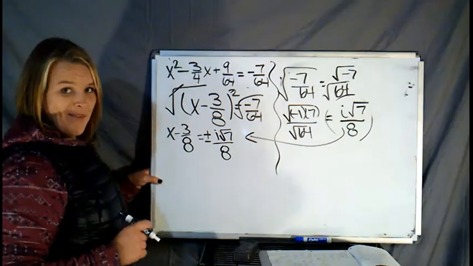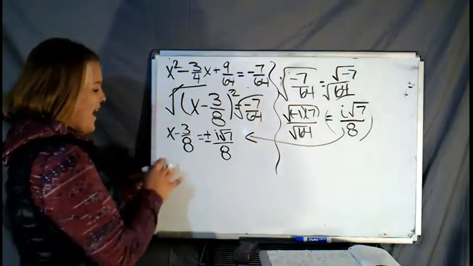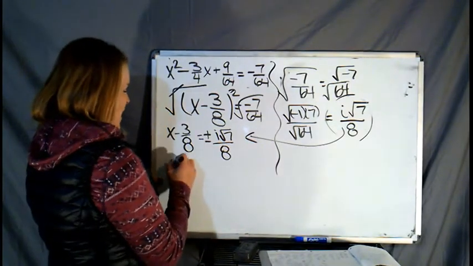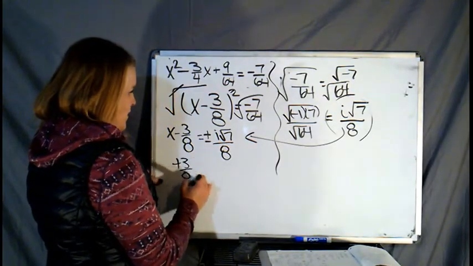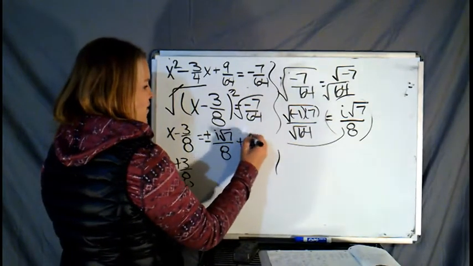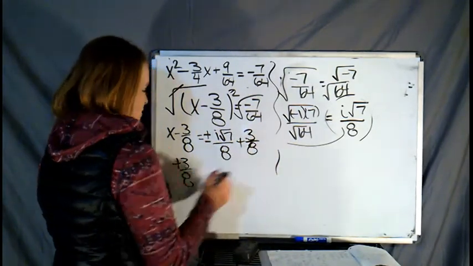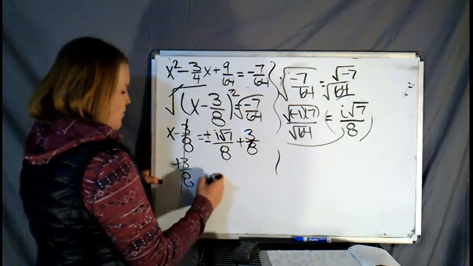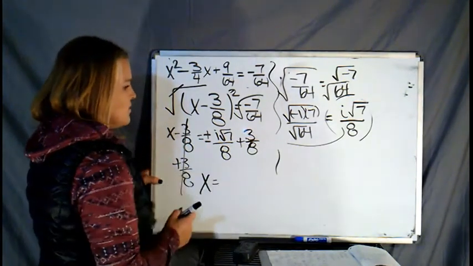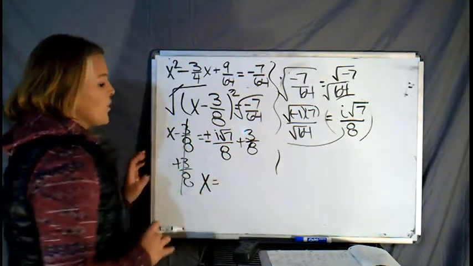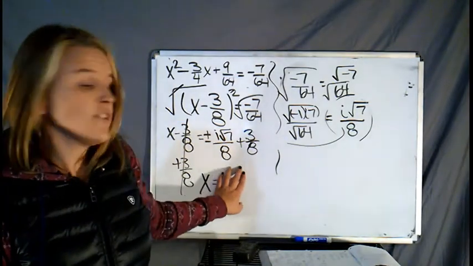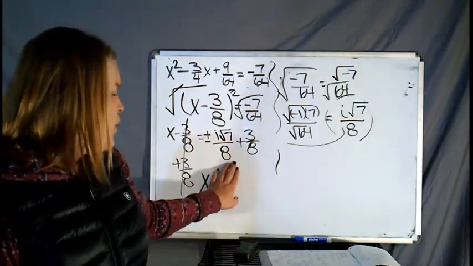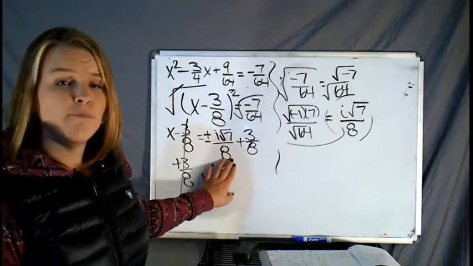Our last step to get x by itself is going to be to add 3 over 8. So I'm going to add 3 over 8 to this side, and I'm going to add 3 over 8 to this side. When I do that, these are going to cancel out. We'll be left with x equals, when we're just adding two fractions here.